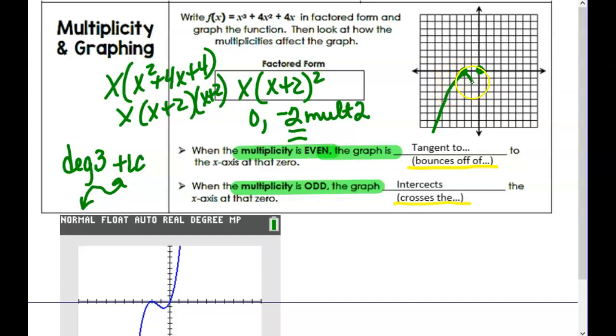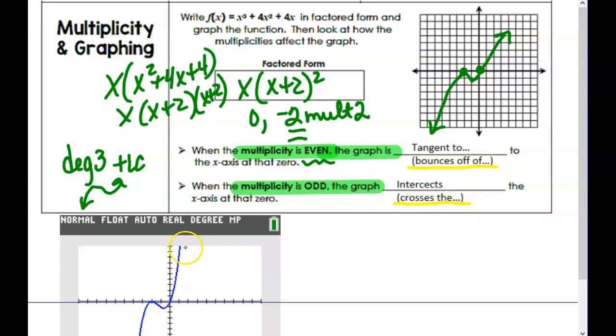It has a turning point at negative 2. And then at some point it turns around because it crosses at 0. If the multiplicity is even, the graph is tangent to or bounces off of the x-axis. If the multiplicity is odd, the graph intersects the x-axis or crosses.